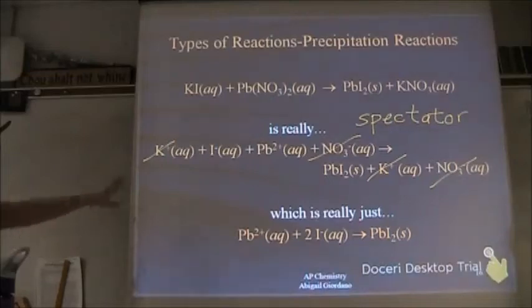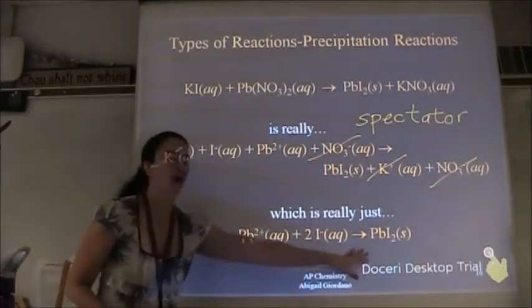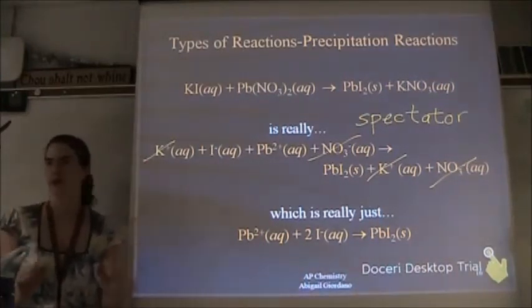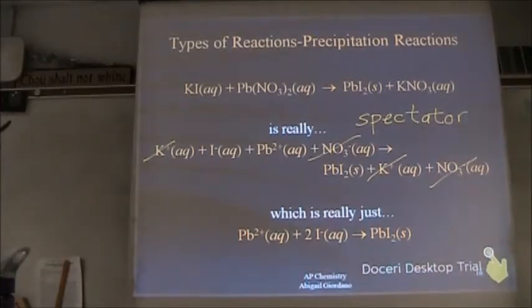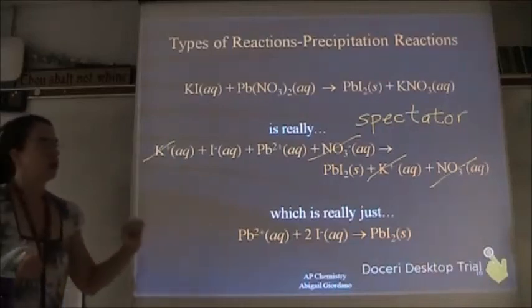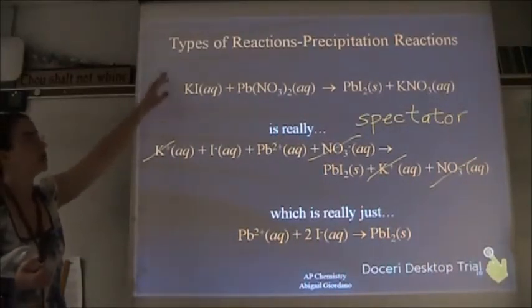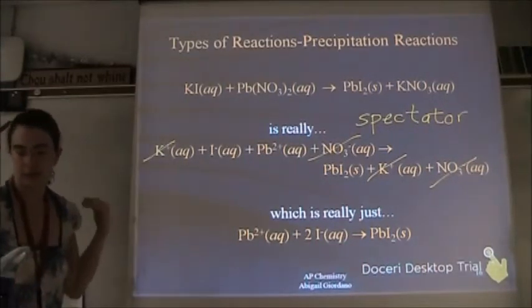These ions are present. They're just not part of the real reaction. They are just floating around in the solution, not doing anything. But they are there. So, this type of reaction is called a molecular equation.